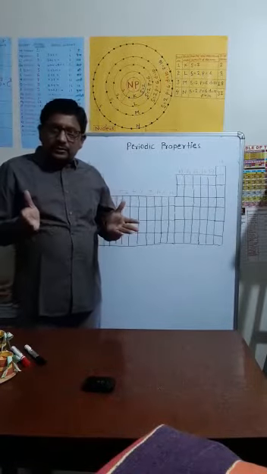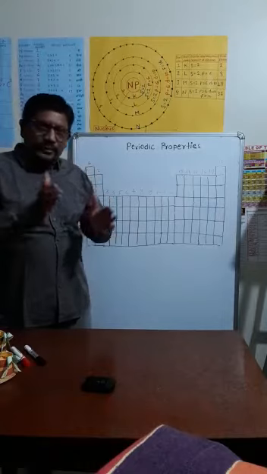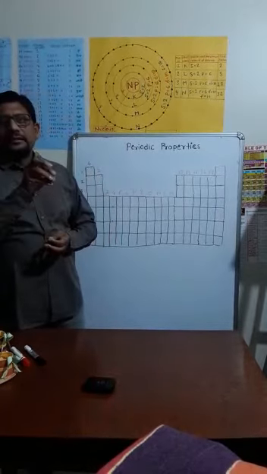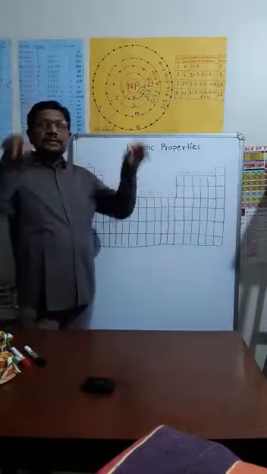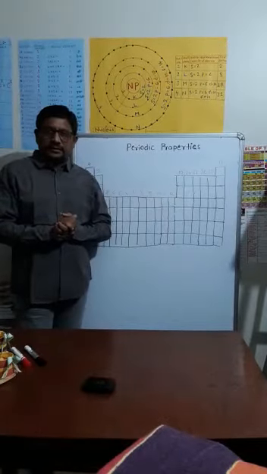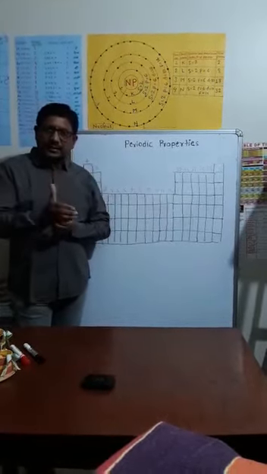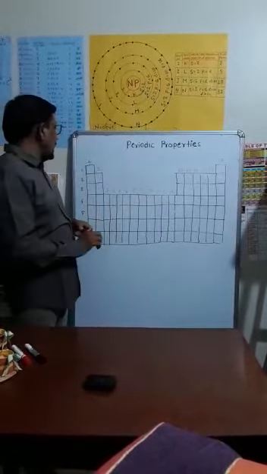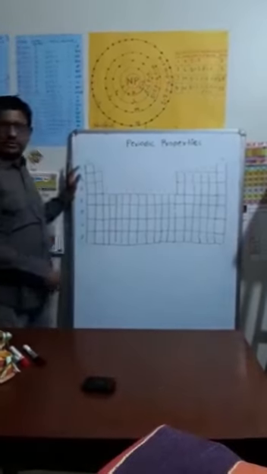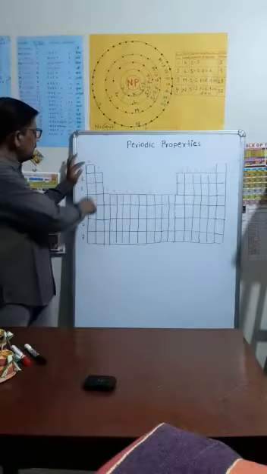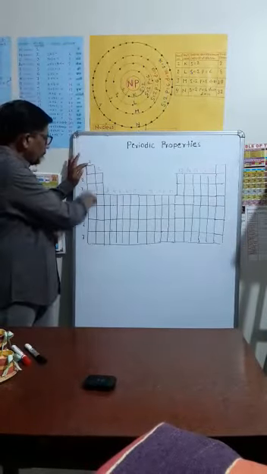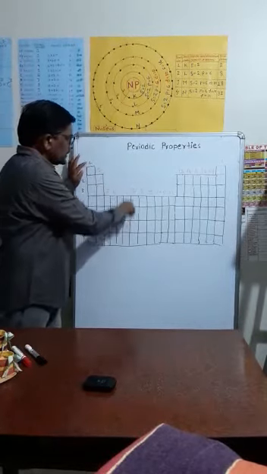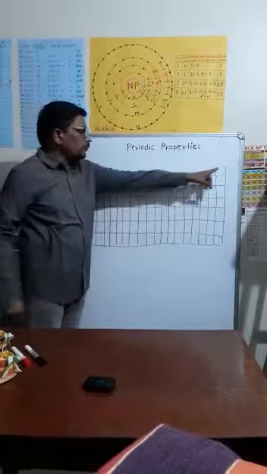After the classification, all these elements are placed in the periodic table. They constructed the periodic table in which there are 18 vertical columns. See here, there are 18 vertical columns: 1, 2, 3, 4, 5, 6, 7, 8, 9 and so on.